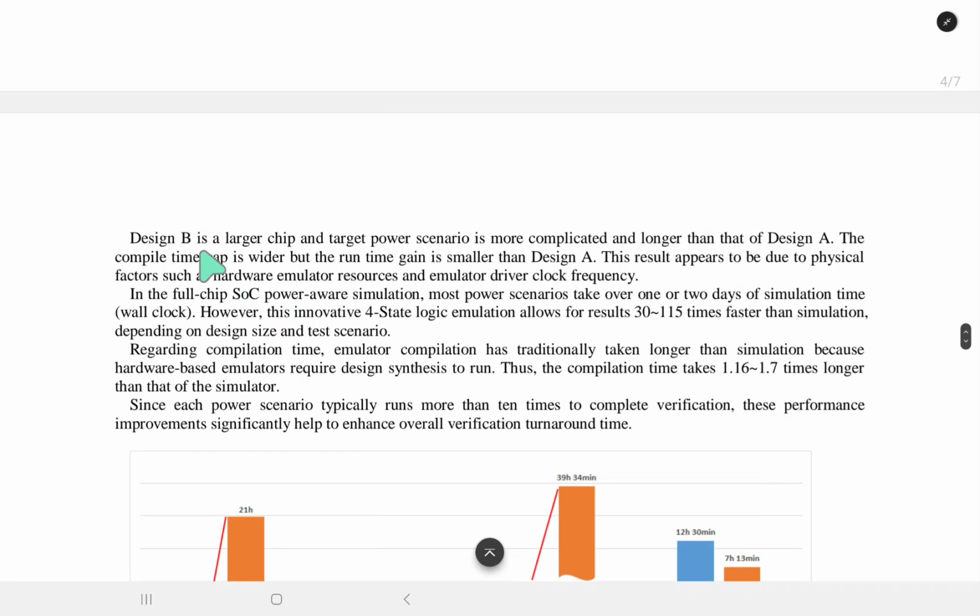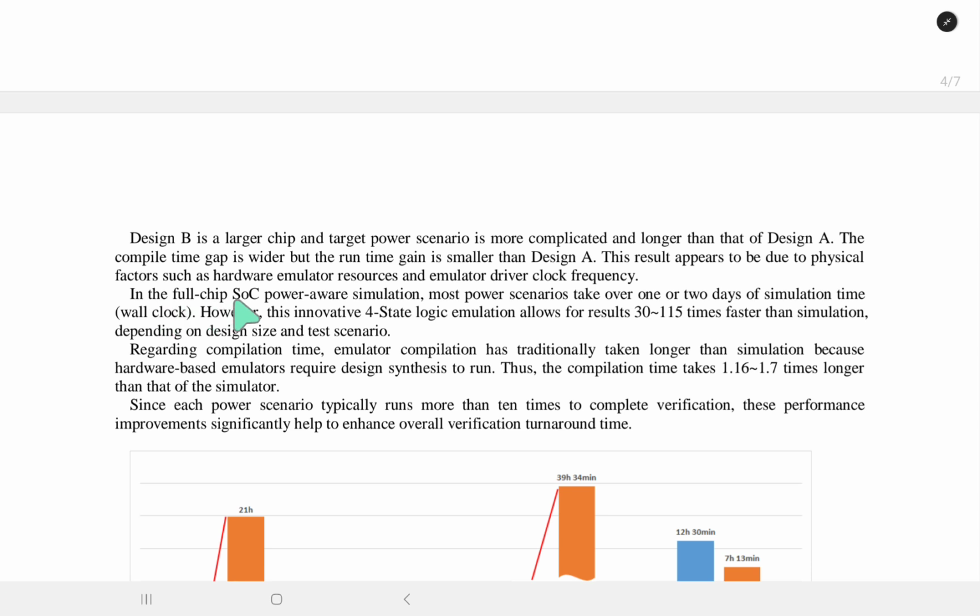Design B is a larger chip and the target power scenario is more complicated and longer than that of Design A. The compile time gap is wider, but the runtime gain is smaller than Design A. This result appears to be due to physical factors such as hardware emulator resources and emulator driver clock frequency.